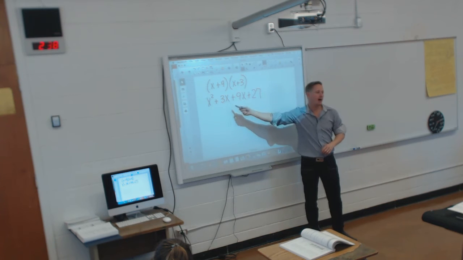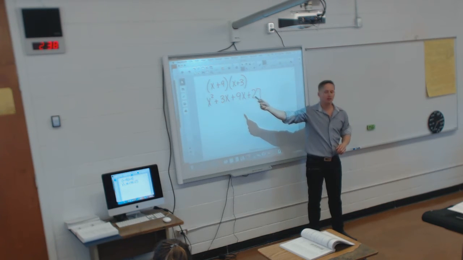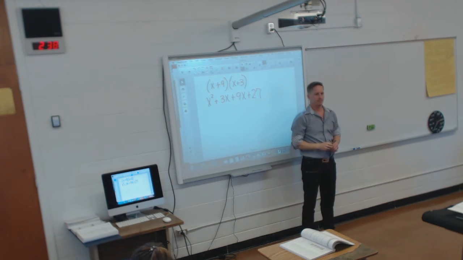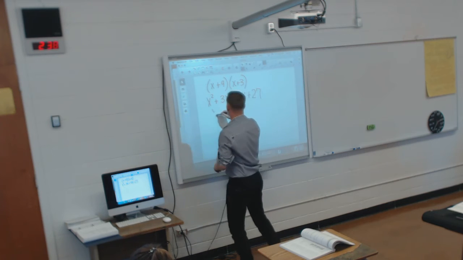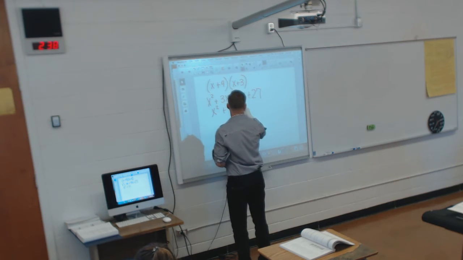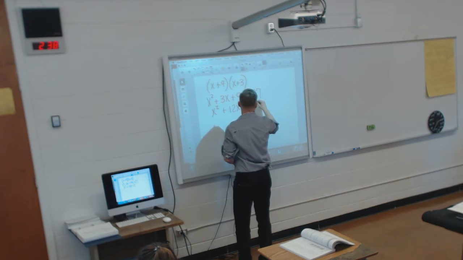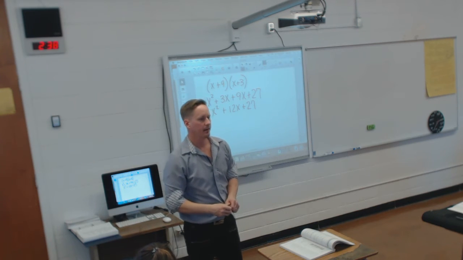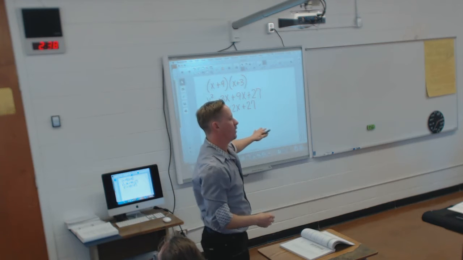So I'll explain it a little bit better in a second. And the middle value is the sum of that number and that number. Okay? All right? So this works out to x squared plus 12x add 27. That's what it works out to. I now have a trinomial.